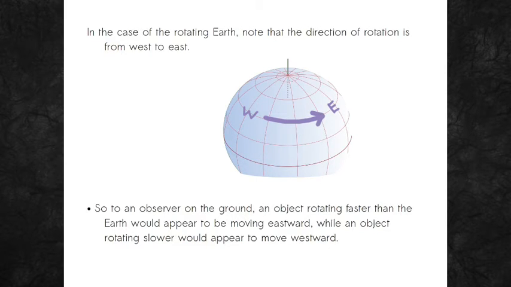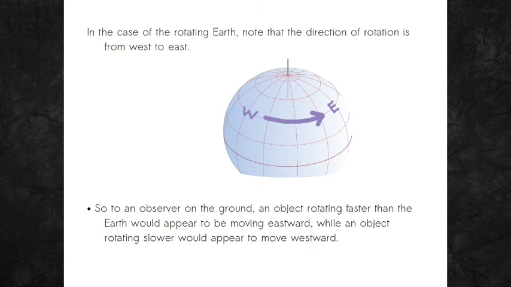If you were to look at this from above the North Pole, from a vantage point up here, looking down on this rotation, it would look like it's rotating counterclockwise. So that's the sense of rotation of the Earth.